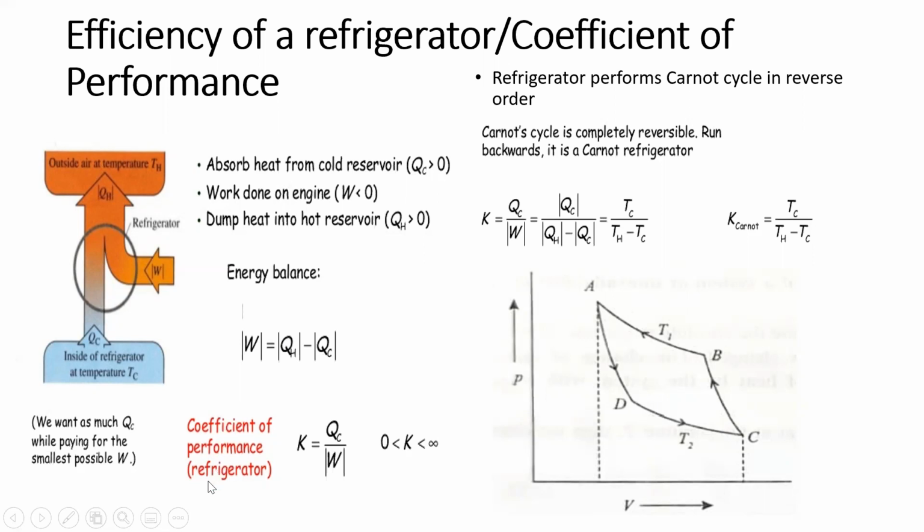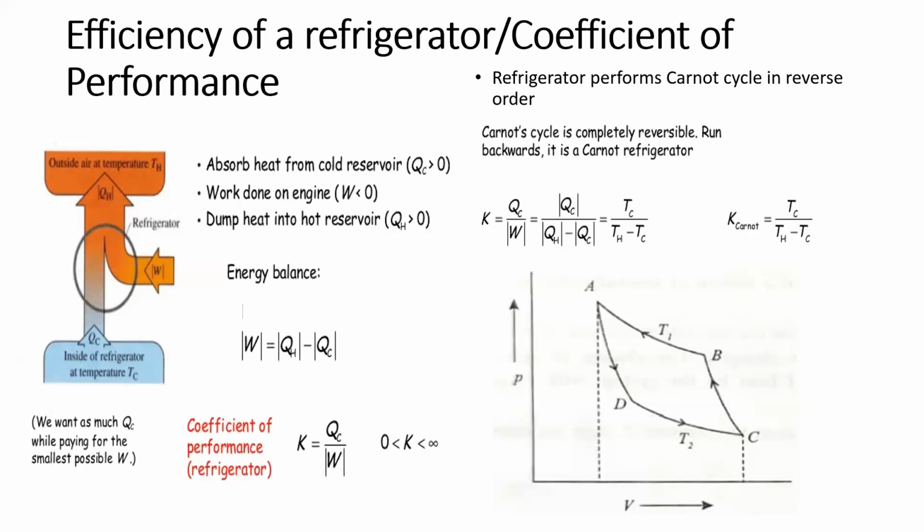We like the refrigerator to perform by doing less work, right? We don't want the refrigerator to use more electrical energy, more work by the compressor. So we prefer a refrigerator which uses less work and takes away more heat from inside.